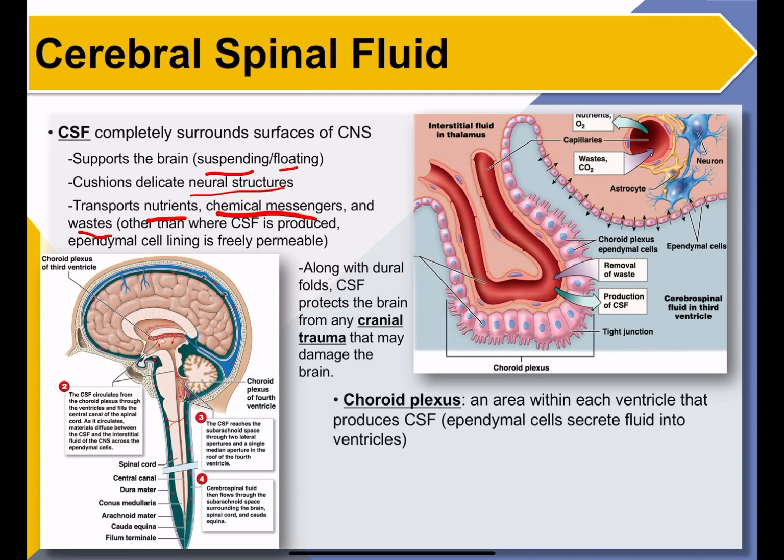There's a specific area within each ventricle called the choroid plexus. So this is important. You have choroid plexus there, here, and here within each of those ventricles we were talking about. And with plexus, you remember that means a network of stuff, in this case a network of blood vessels, that is in charge of producing cerebrospinal fluid, with ependymal cells with cilia.